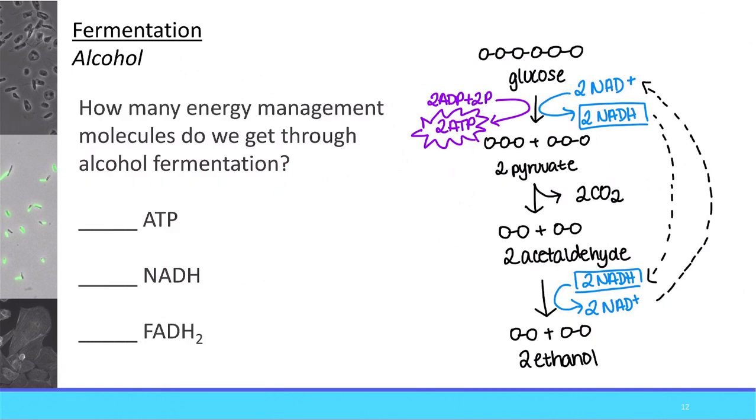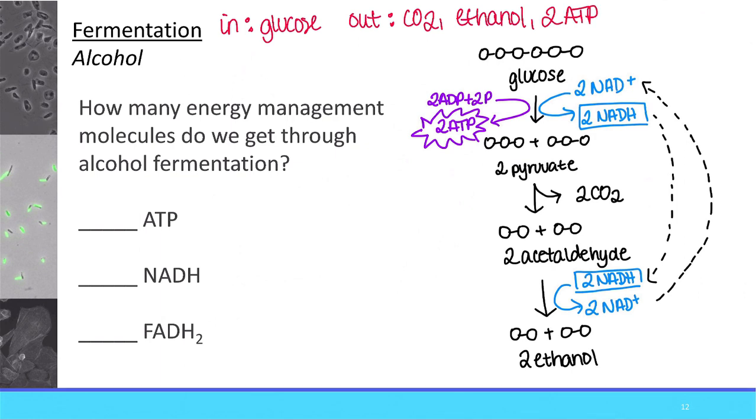So one last thing that we are going to do before we move on to lactic acid fermentation is a summary of energy management molecules. So in alcohol fermentation, we have an input of glucose. Let me actually write this down. For an input of glucose, we have an output of CO2, ethanol, and 2 ATP.